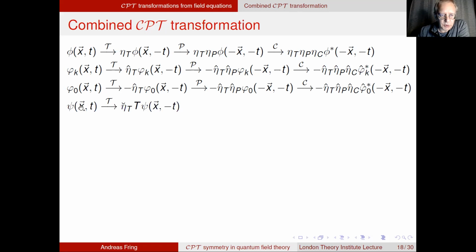Finally, we do the transformation for the spinor field as stated above.